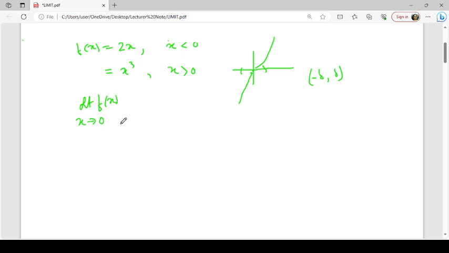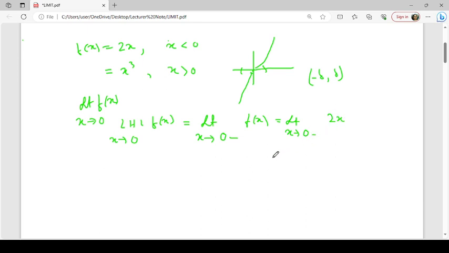So what do we do here? Left hand limit of f(x) as x tends to 0 means what? The symbol is limit as x tends to 0 minus of f(x), and in place of f(x) we will write the function, 2x.